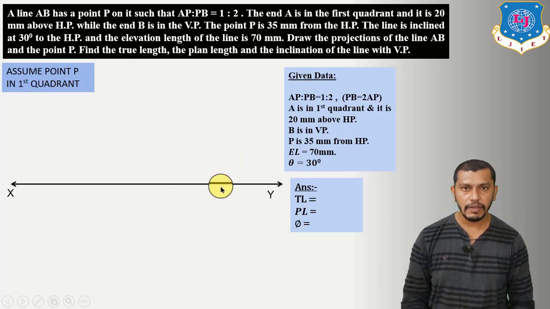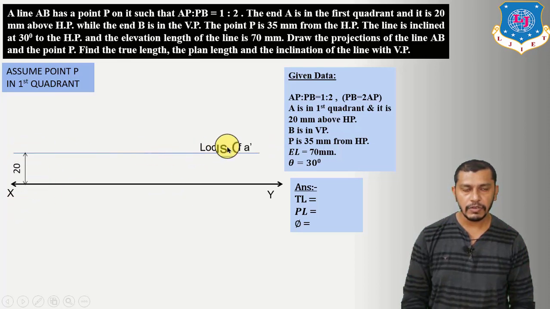So first of all, draw the XY reference line, and after drawing it, we have to draw the locus of P, B and A. So A is 20 mm above HP. So 20 mm above the XY reference line, we will get the locus of A dash. B is in the vertical plane, and as we know that if any point is in the vertical plane, we will get the plan of that point on the XY reference line.